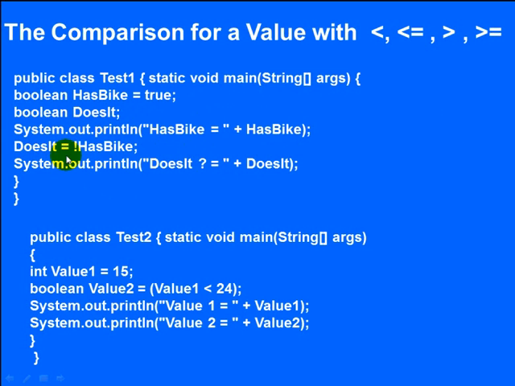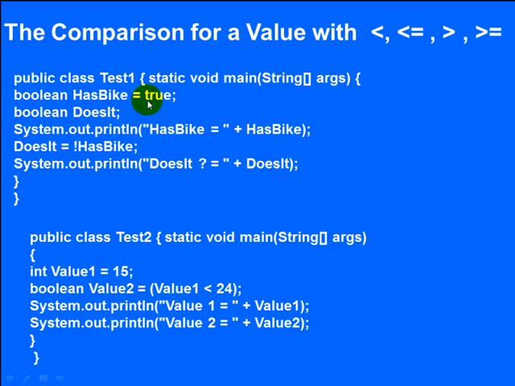Then in the next statement we have written doesIt equals not hasBike. At the moment the hasBike variable has true, so it will be negated, meaning true will become false and false will become true.